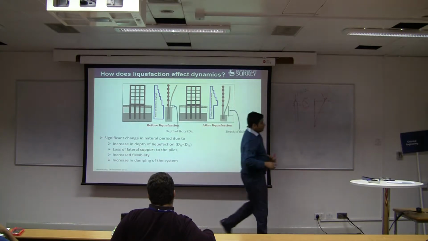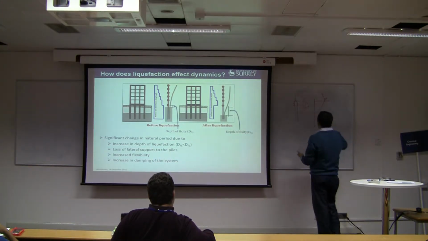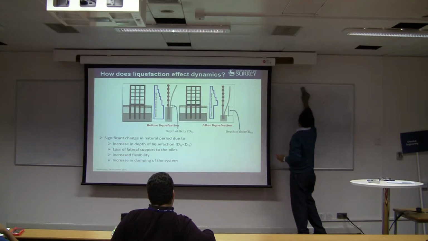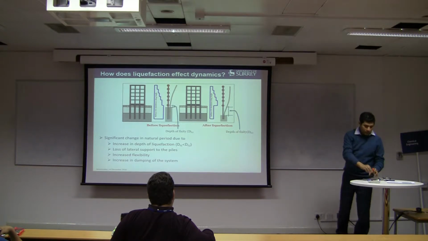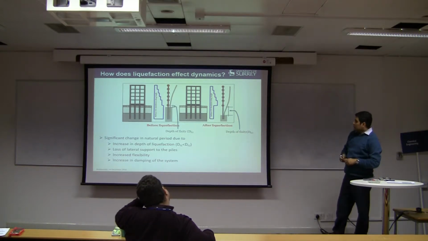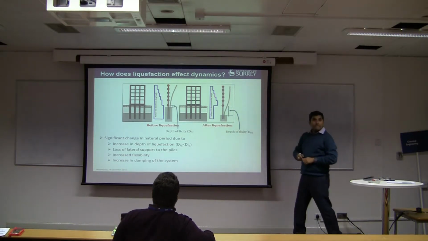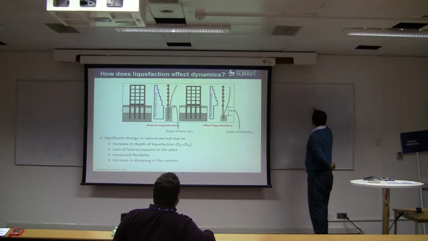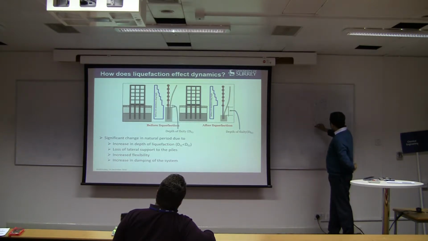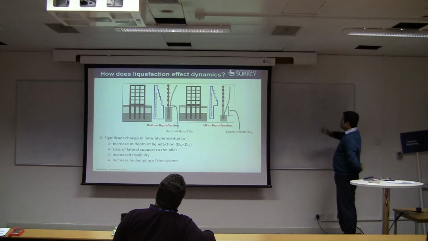Do you know how to calculate the stiffness of a column like this? It is 6EI by L squared, and this is 12EI by L cubed.